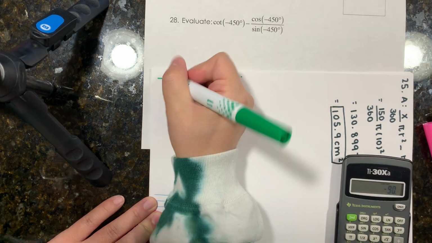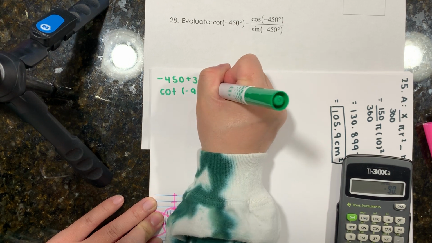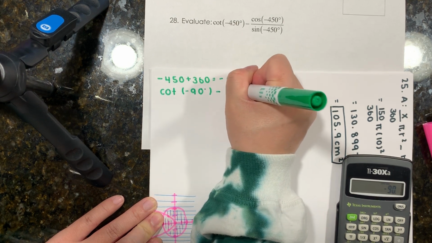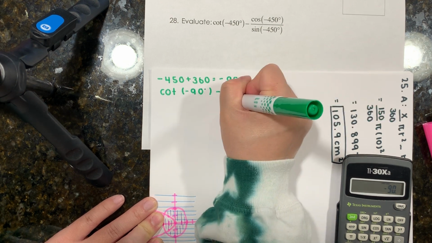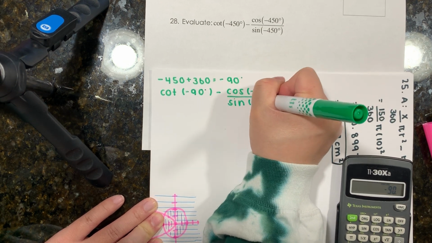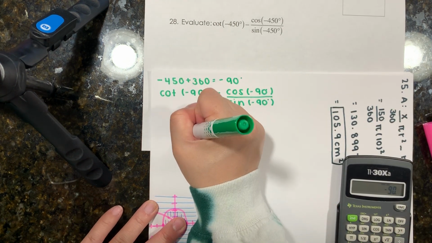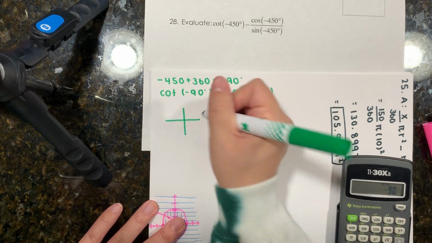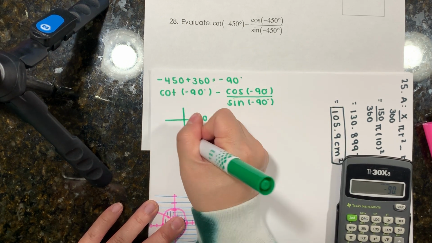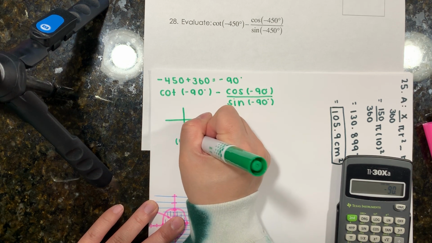So really this is cotangent of negative 90 minus cosine of negative 90 over sine of negative 90, which is going to use my unit circle. Now, my unit circle, this is 0 degrees, this is 90, 180, 270, and 360. But if I go in the negative direction, this would be negative 90. So the coordinate here would be 0, negative 1.